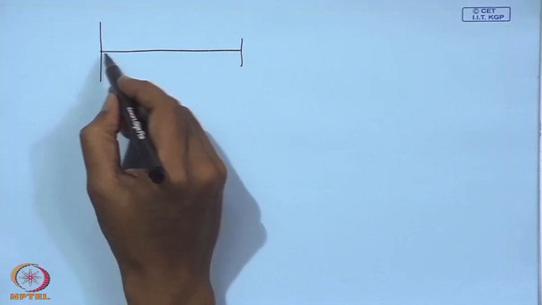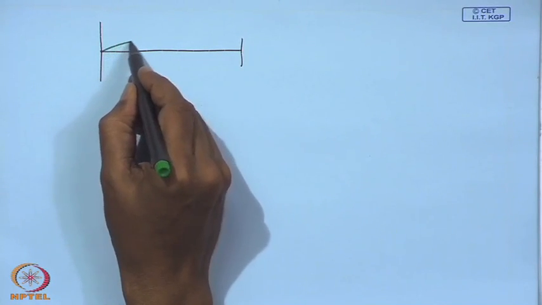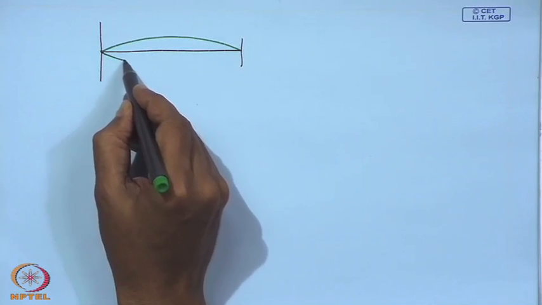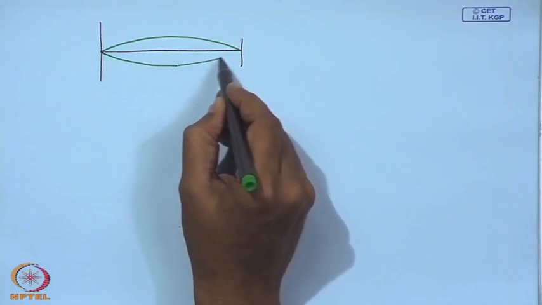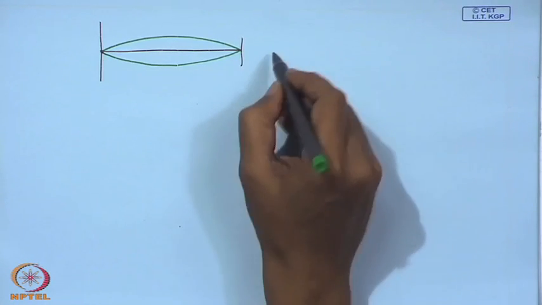So, we have a simply supported Euler Bernoulli or Rayleigh beam.